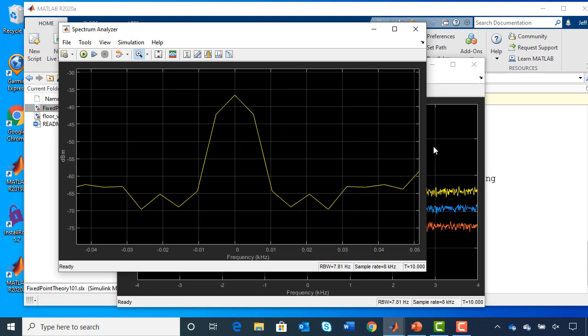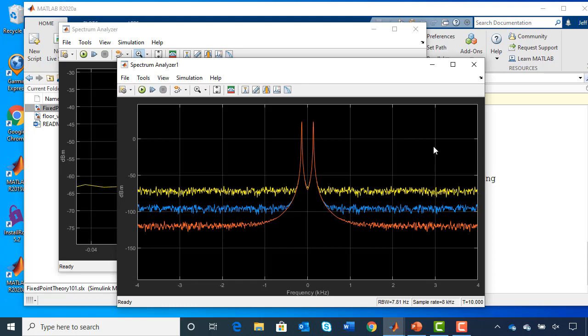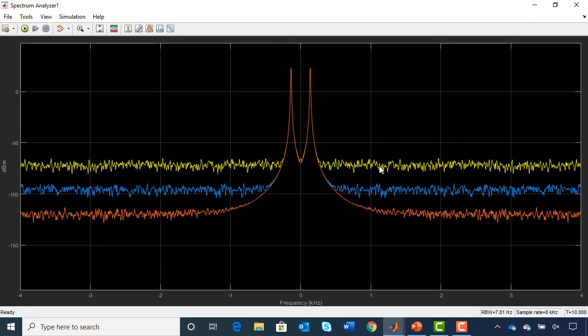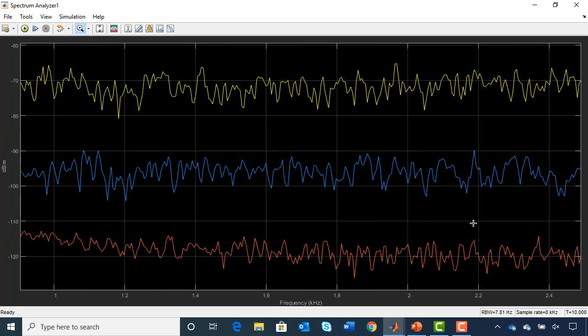Now, when I looked at the case for 12, 16, and 20 bits of quantizing to that much resolution, what you'll see here with 12 bits, we're on the order of minus 70 for the noise floor.